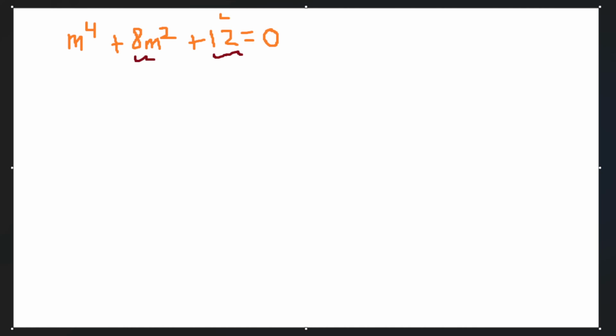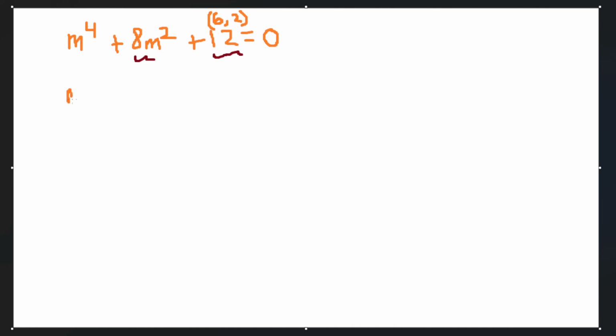So if we tried 6 and 2, then we know that 6 times 2 is 12, and 6 plus 2 equals 8. So now we can break it up into two different groups.